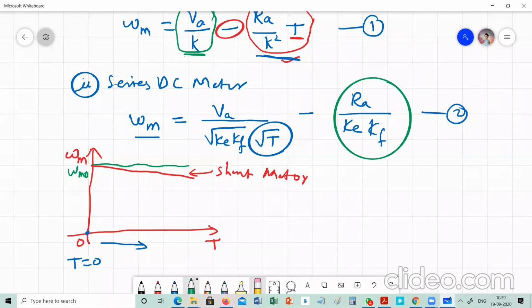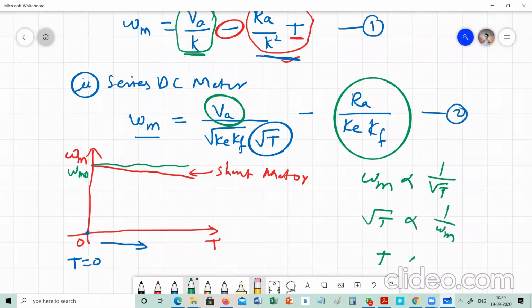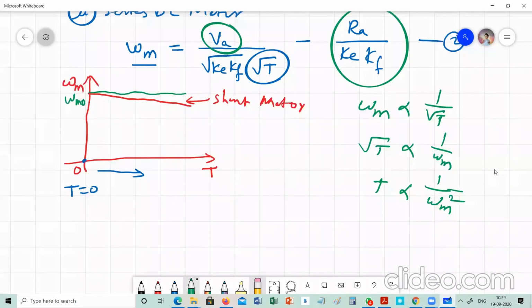So for a constant armature voltage Va, omega m is proportional to 1 by square root of T, or T is proportional to 1 by omega m square. This is the equation of a parabola, so the curve will have a parabolic shape. For the series motor, the curve will be like this, I will use the black color.